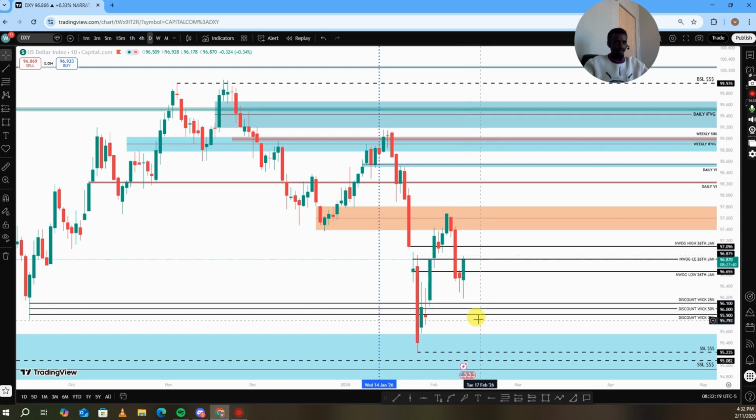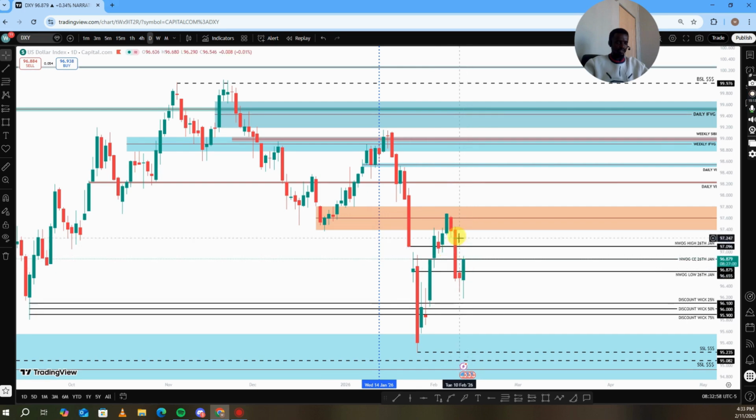And if we blow past that, then I'll be looking at this low as the next draw on liquidity for that move lower. So I have a bearish stance on dollar as long as we find premium sensitivity within these levels that price is trading at right now. Since we've already found premium sensitivity in this fair value gap and breaker, which were in the premium, and now we've rolled over, created another bearish fair value gap, I want to see that preferably left partially open, and price to find premium sensitivity within this area.